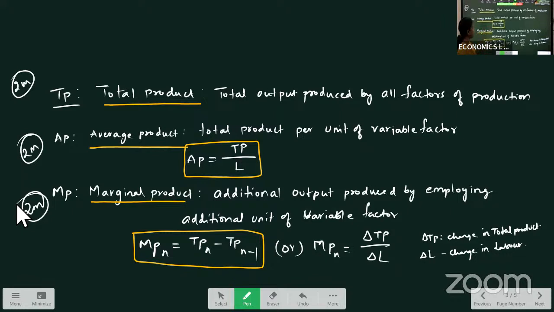What is marginal? Marginal is additional output produced by employing additional unit of variable factors. Okay, so the formula will be MPn is equal to TPn minus TPn minus 1, or delta TP by delta L. Delta means what? Change. Change in total product by change in labor.